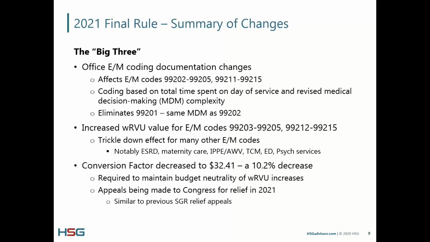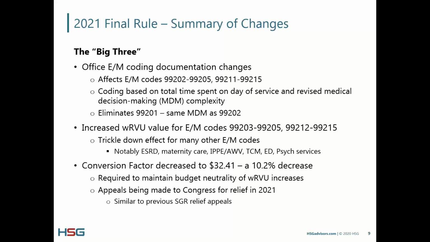Notable ones in these areas, end-stage renal disease bundle, are all predicated on combinations of those codes. So the dozen or so codes associated with that changed. Maternity services and maternity care bundled services changed for the same reason. The Welcome to Medicare, the IPPE encounter, and the annual wellness visit encounters both changed and increased, as well as the transitional care management code.